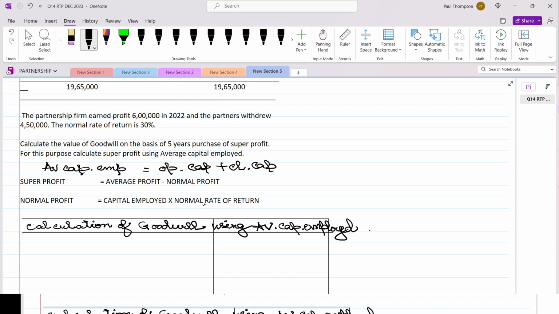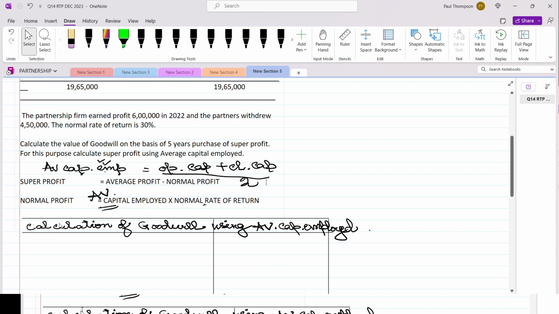Now, we got the closing capital. In order to find out the average capital, I have to add the opening capital and the closing capital and divide it by 2.